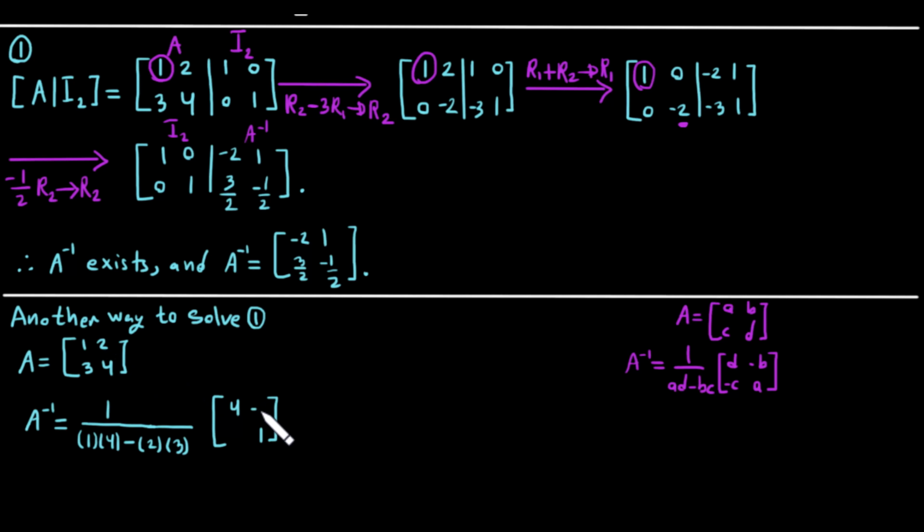Here it will be -2 and here it will be -3. Equal, and here 4 minus 6, which is -2. So here we have to write -2. So 1 here, -2, because 1 multiplied by 4 is 4, minus 2 multiplied by 3 which is 6. 4 minus 6 equal to -2. Then 4, -2, -3, 1. I prefer to write like this.